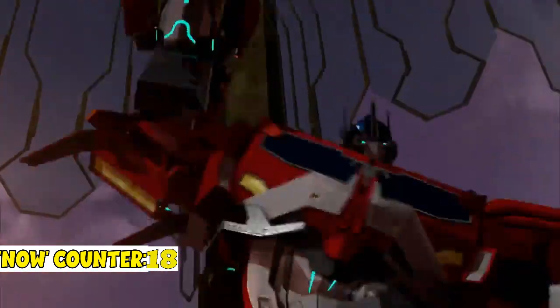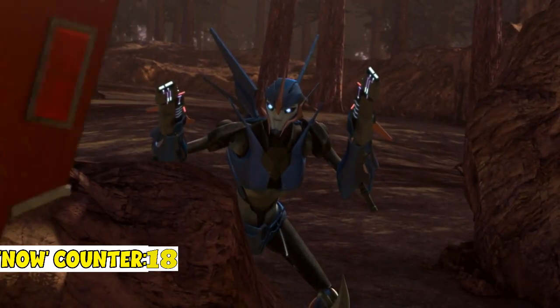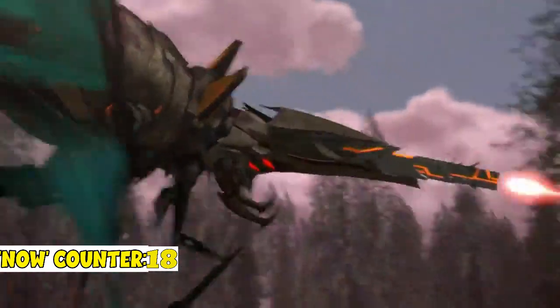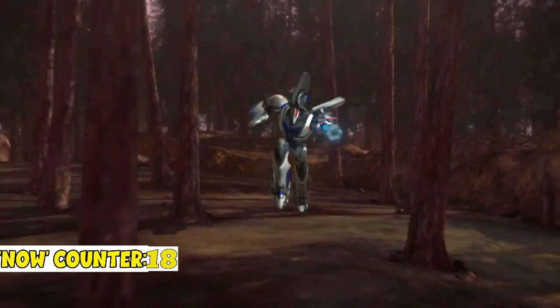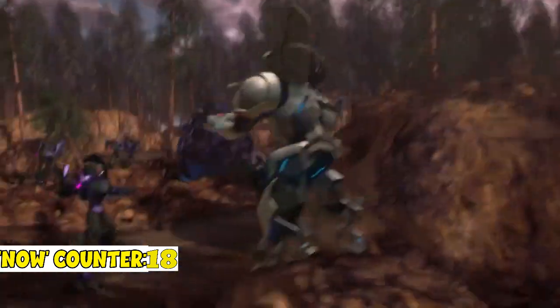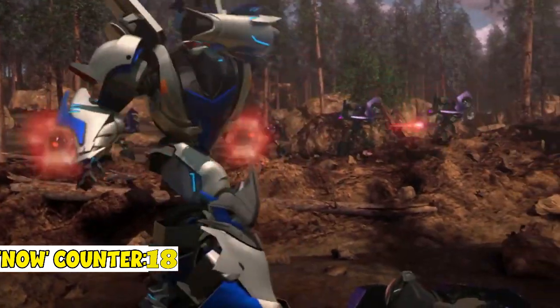Now, a major point between those two is character introduction. If you have seen Transformers Prime, let's take the example of Smokescreen. You can see that a particular episode was just dedicated to him and developing his characteristics and his character traits.